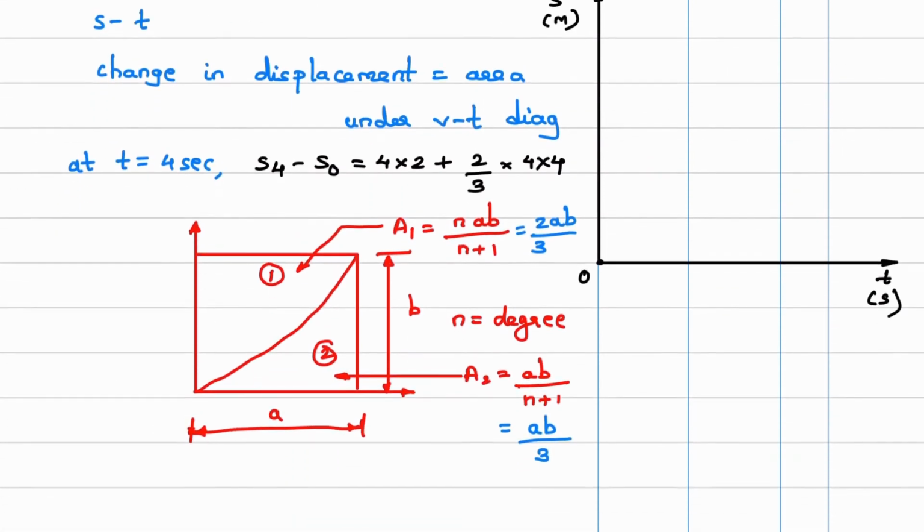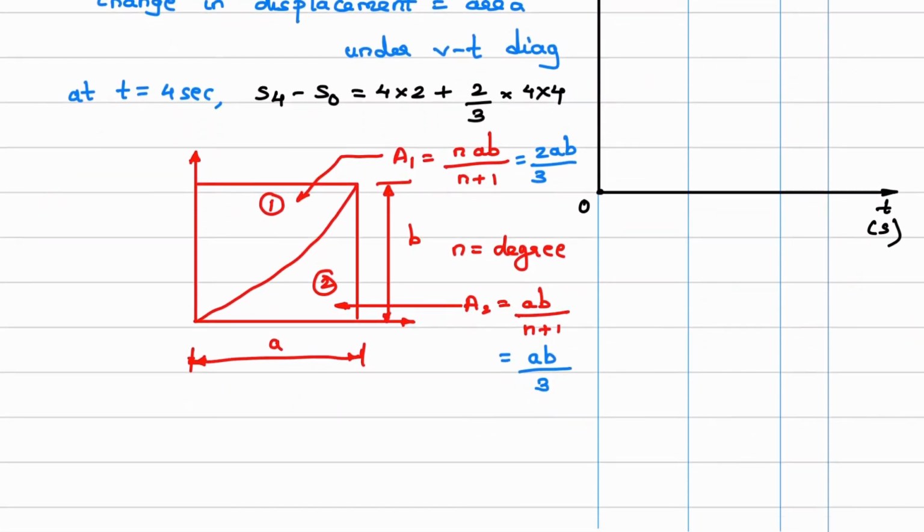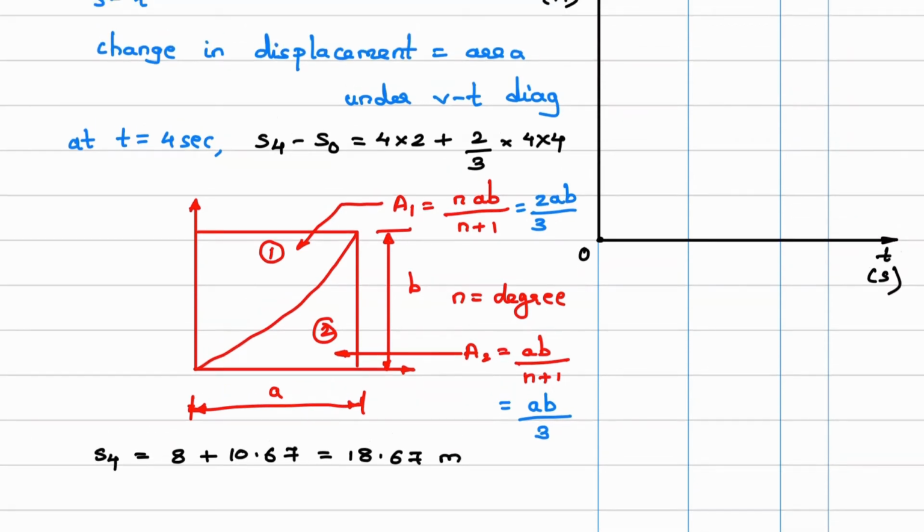So from here we can calculate S4. S0 is 0, because initial displacement has not been given. So the S4 value is 8 plus 10.67 equal to 18.67 meter. So the first value is 18.67.